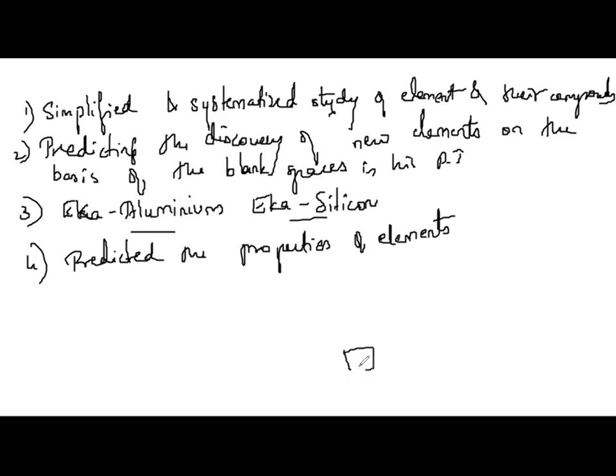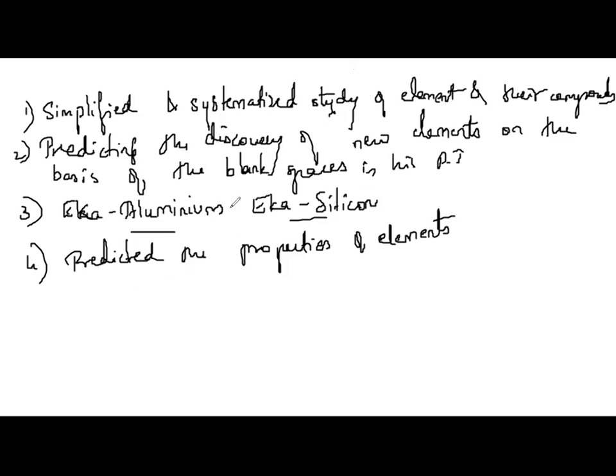He left a gap below aluminium and called it Eka aluminium, and a gap below silicon and called it Eka silicon. How did he predict their properties? Based on the properties of aluminium, he predicted the properties of the elements he thought would be discovered later. So he predicted the properties from the known properties of the other elements in the same group.